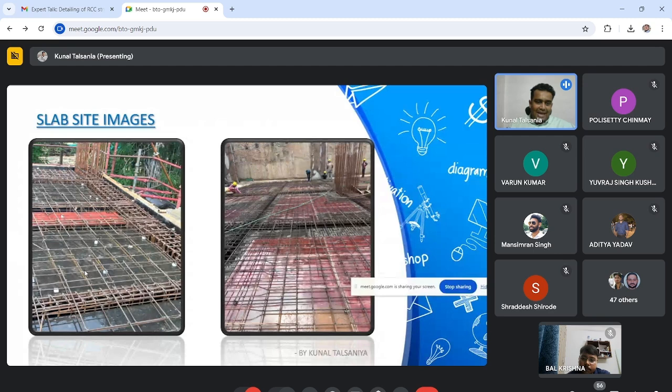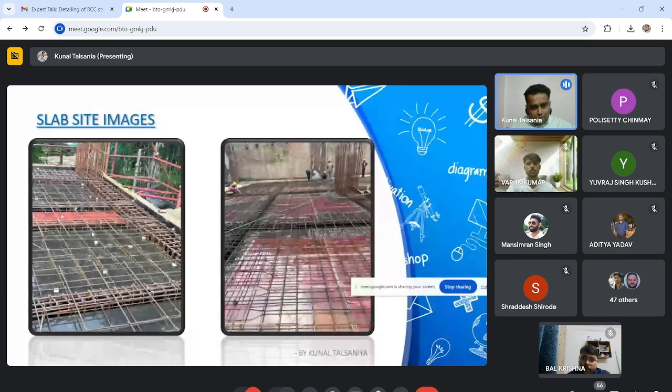At span and at support, you can see the reinforcement. In the first image, you can see this is the cut bar type detailing, straight bar type detailing, no bent up is provided, and this is the bent up detailing. Here you can see the bent up bars, and here this is the straight bar.